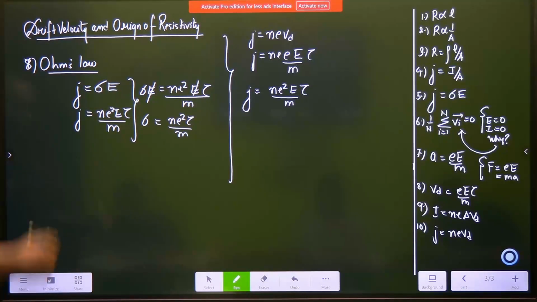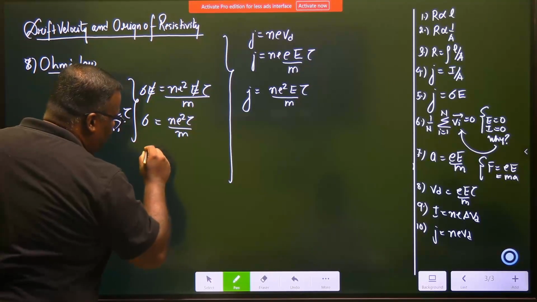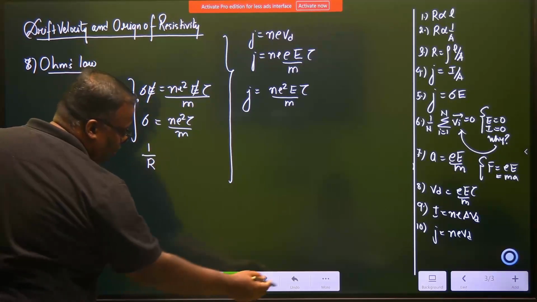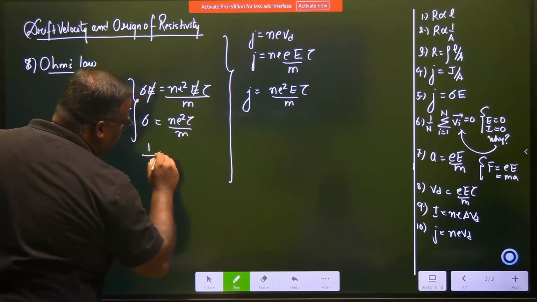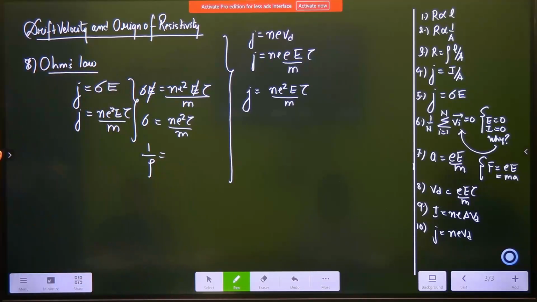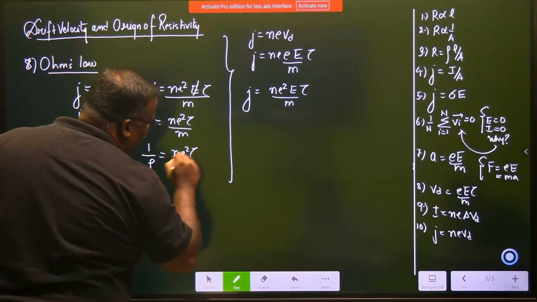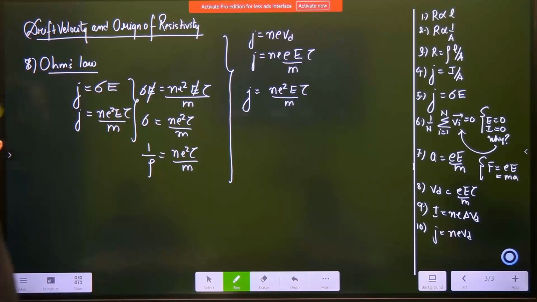And then you write sigma is also 1 upon rho. Rho is what? Resistivity. In Ohm's law, grade 10, you were talking about resistance. Resistance is a very subjective thing. Resistance is for the particular piece. We are not worried about that. We are worried about the intrinsic factor. So ultimately in grade 12, it is the resistivity that matters to you. 1 upon rho is equal to N e square tau divided by M. Do you agree?